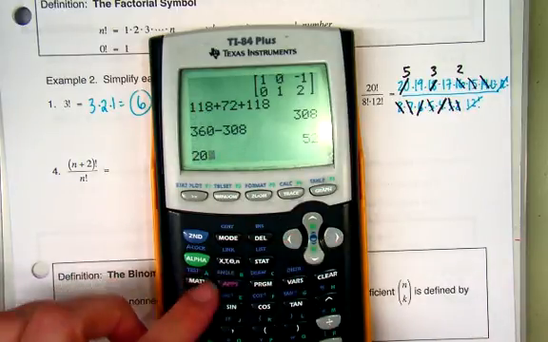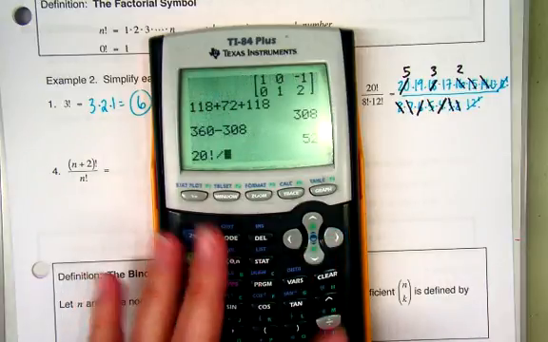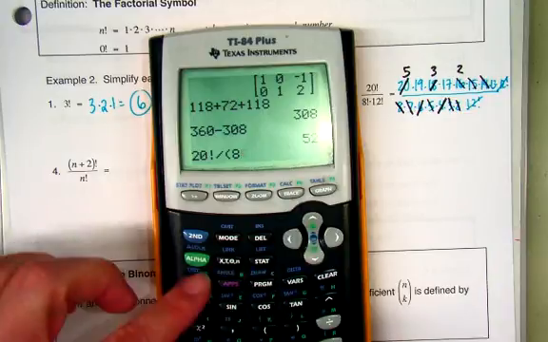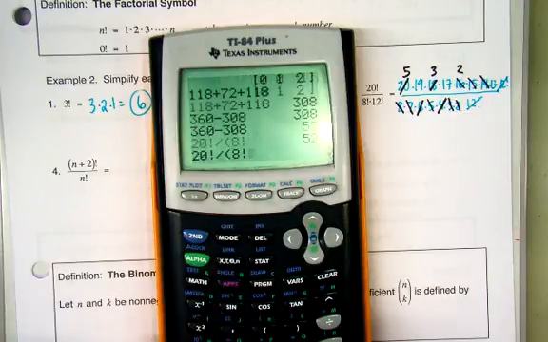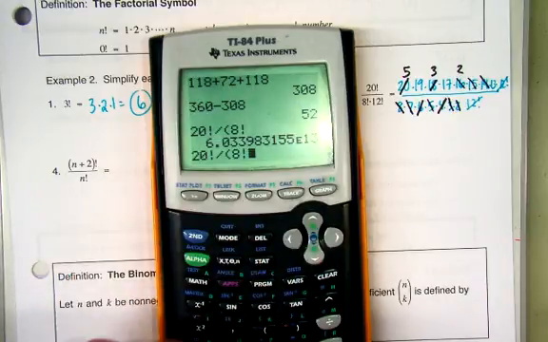And then you would divide that by 8 factorial. Oops, I didn't want to do that. Just kidding. And then divide by 12 factorial, right?